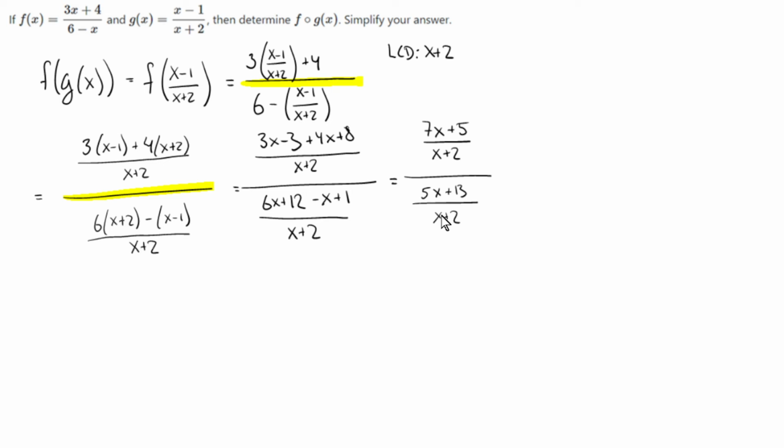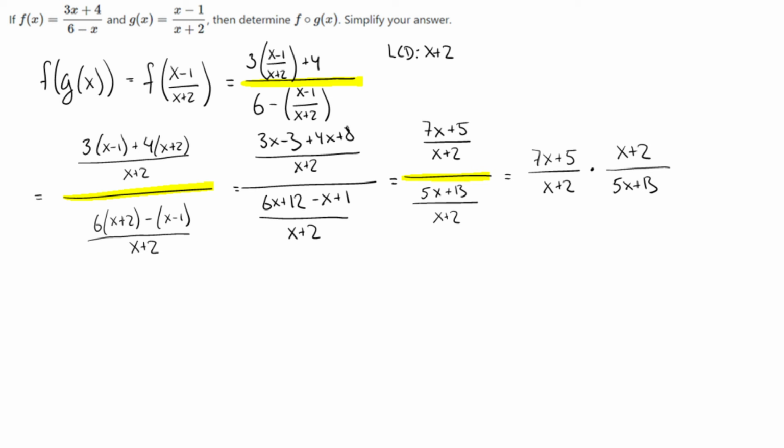Okay, so now what we have here is division involving quotients both in the numerator and the denominator. When we're dividing quotients like this, we can convert this to a multiplication. So we're going to get (7x + 5) over (x + 2), and instead of dividing, now we're going to multiply by the reciprocal of the quotient in the denominator, so (x + 2) over (5x + 13).